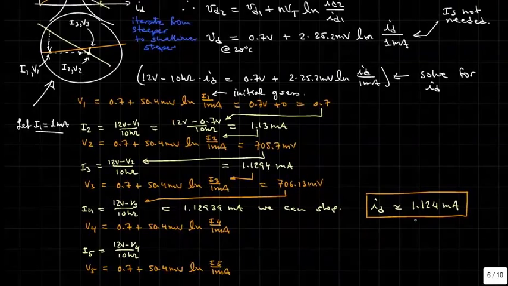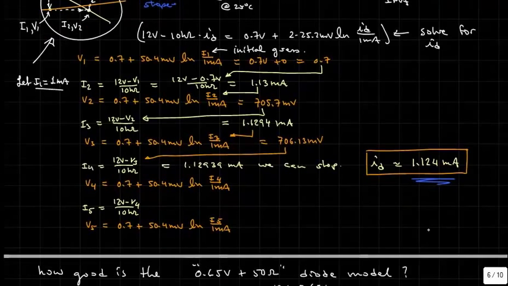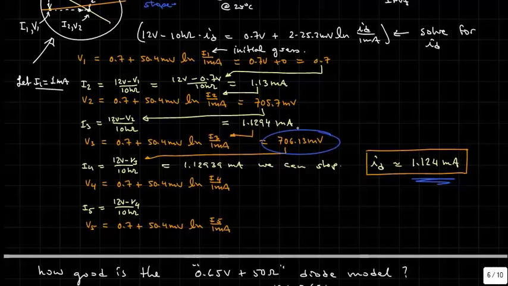We would have found the current was 1.124 milliamps, and the voltage, instead of being 700 millivolts, was 706 millivolts.